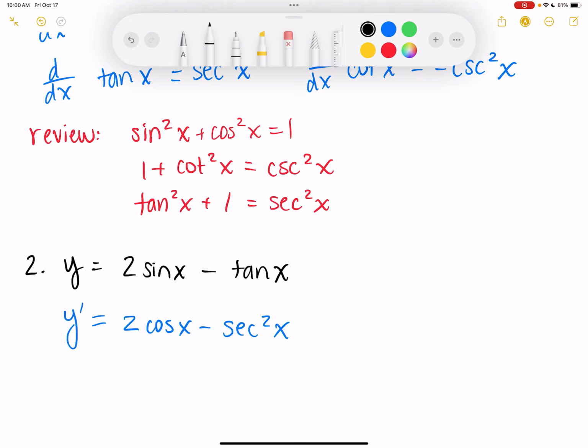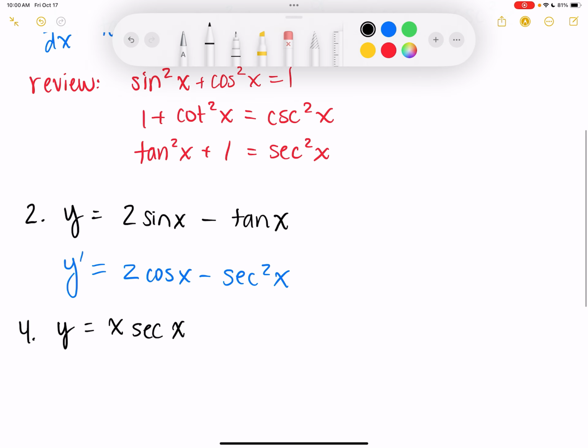For y equals x secant of x, we have 2 things being multiplied that both obviously have a variable in them. So I'm going to have to use the product rule on this one.